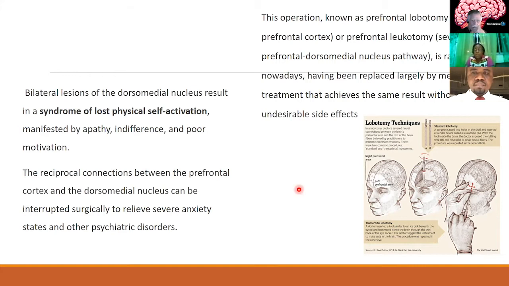Historically, prefrontal lobotomy and prefrontal leucotomy were done to relieve these psychiatric disorders. But nowadays, they have been replaced largely by medical treatment that achieves the same results without undesirable side effects.